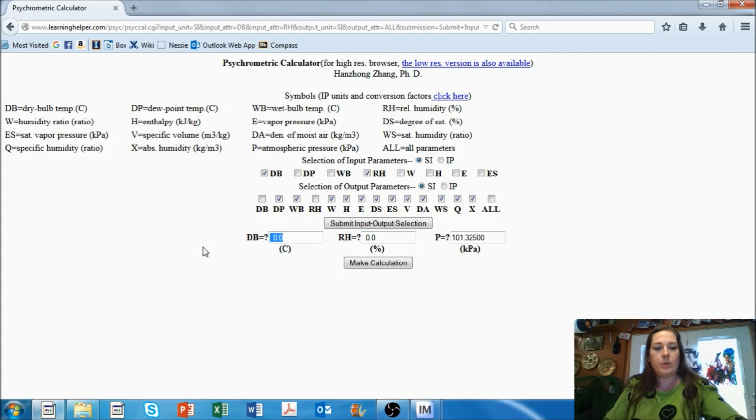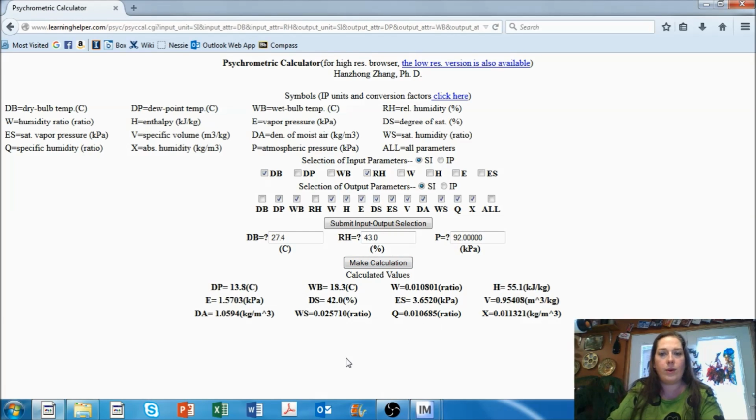Our dry bulb temperature is 27.4 degrees Celsius. Our relative humidity is 43%, and in this case we can change the pressure, which is very nice. And our pressure from our example, should I type it in correctly, is 92 kilopascals. And then we ask it to calculate for us, and we can see the result here. And we'll go ahead and write those down.